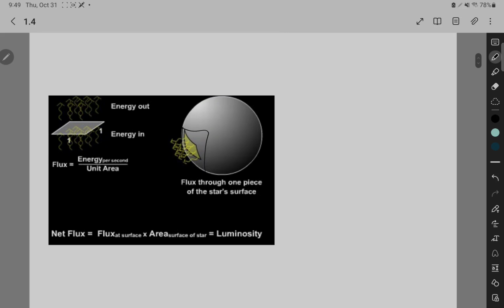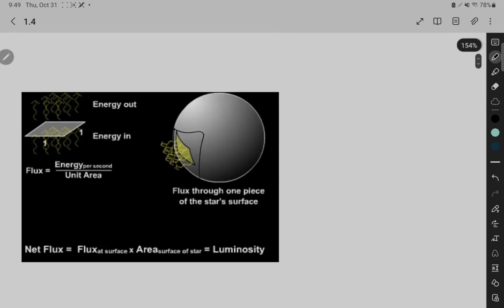A more intuitive way to look at what we just did is this diagram. The yellow part is the flux through one piece, right? In order to obtain the net flux of the entire sun, or the total amount of energy through the entire sun, we need to take this area and apply it to the entire sphere. That's what we were doing by multiplying by 4 pi r squared.